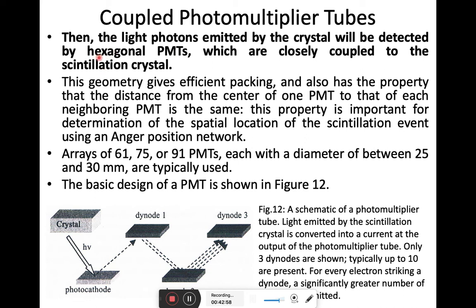By right, it is in the hexagonal shape, hexagonal PMTs, which are closely coupled to the scintillation crystal. This geometry gives efficient packing and also has the property that the distance from the center of one PMT to that of each neighboring PMT is the same. This property is important for determination of the spatial location of the scintillation event using an Anger position network.